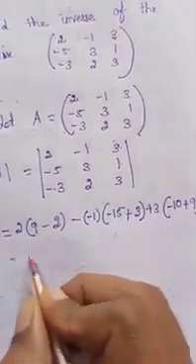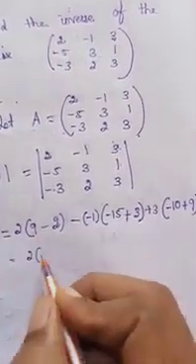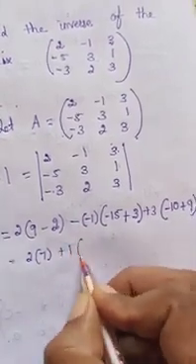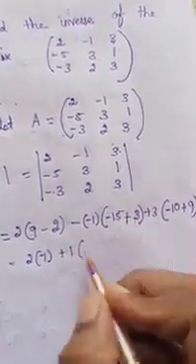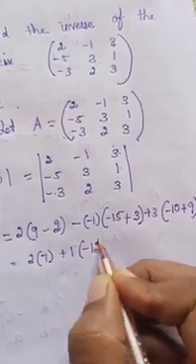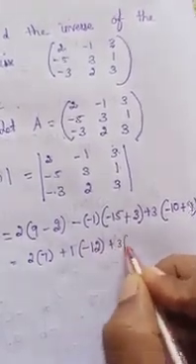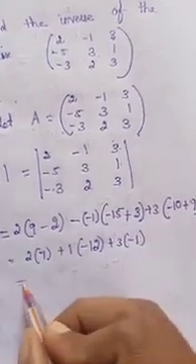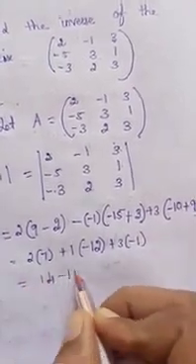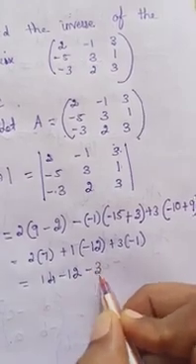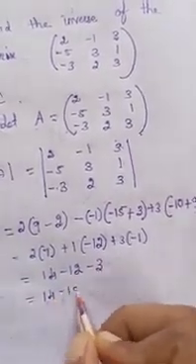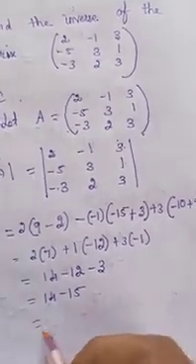Now 2 into 9 minus 2 is 7, plus 1 into minus 15 plus 3 is minus 12, plus 3 into minus 10 plus 9, that's minus 1. So 14 minus 12 minus 3 is minus 1.